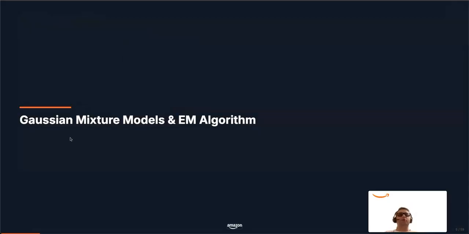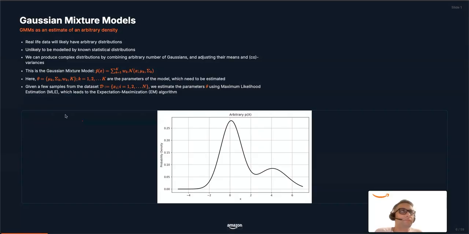Okay, so let us first talk about Gaussian mixture models and expectation maximization. Gaussian mixture models, you might have seen them before. They are almost always introduced as models which can estimate any arbitrary density.